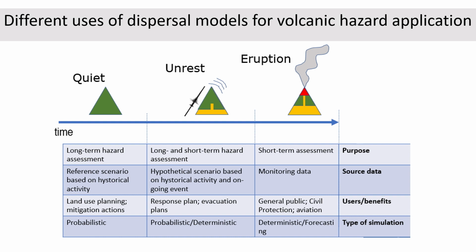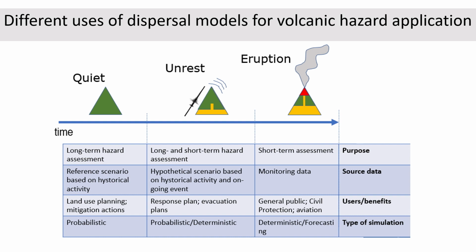So we might think that when a volcano is in its quiet time, so nothing is really happening, we might still be using a numerical dispersal model to evaluate what could be the impact in the long term, so what we call the long-term hazard assessment. And in this case, of course, we would be using information like what we know happened before at the volcano, which is the historical activity at this volcano, and then designing scenarios based on that.